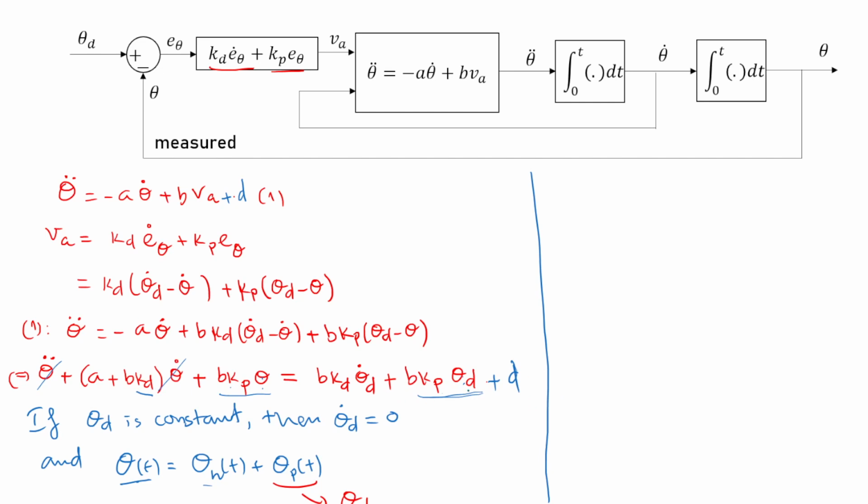Even if theta d is constant, theta steady state or theta particular solution is constant, but it cannot approach theta d because of the disturbance terms, right? So again, the PD controller, proportional derivative controller, is not robust to disturbance.